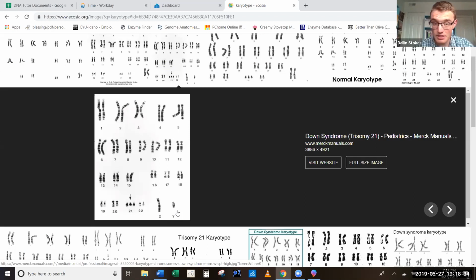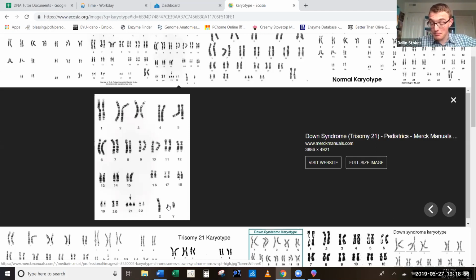Now, I think it's important to note that the Y chromosome, look how small it is compared to the X. The X chromosome and the Y chromosome are totally different. They're paired up together, true, but they don't carry the same genes, they don't behave the same, they aren't the same chromosome.